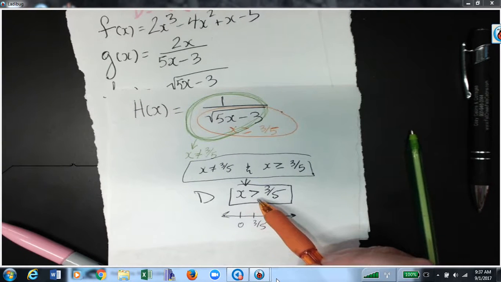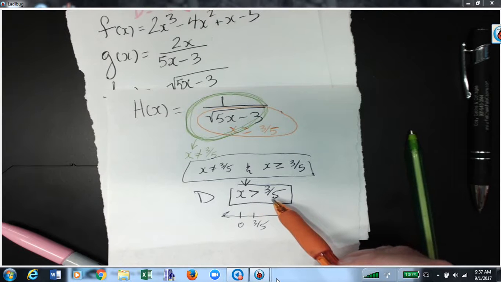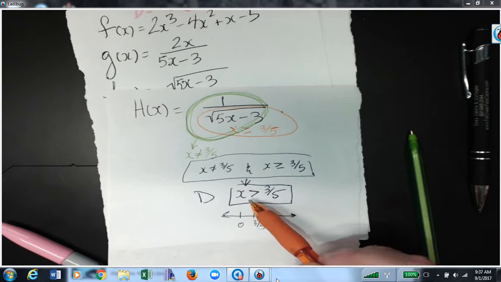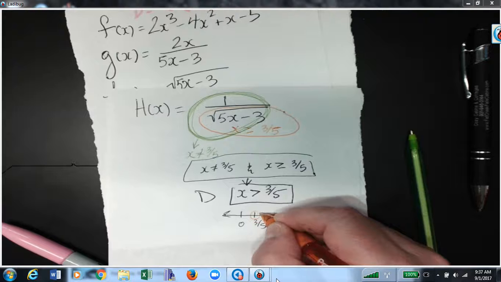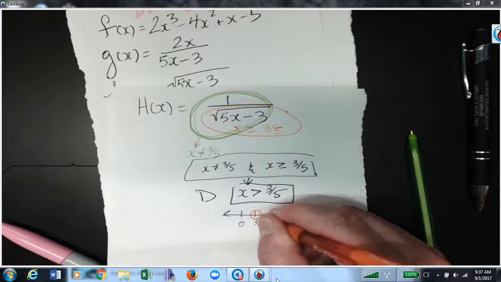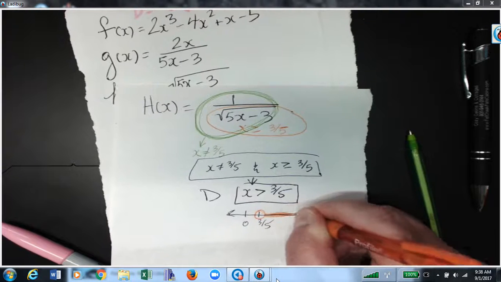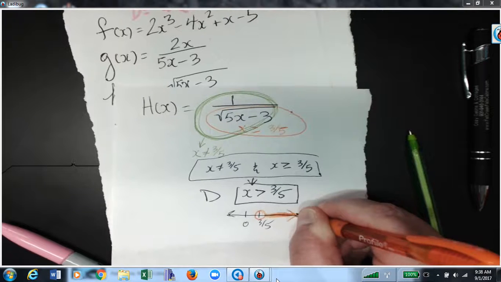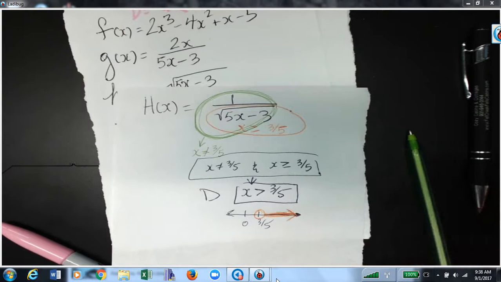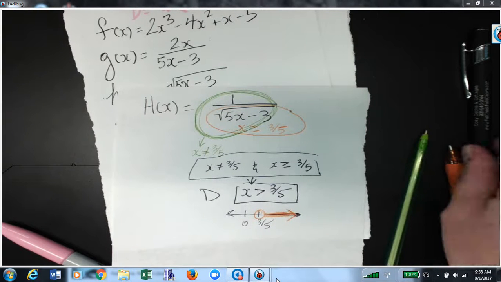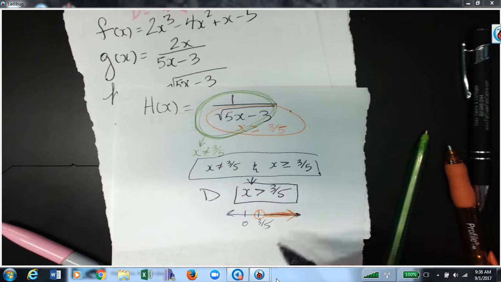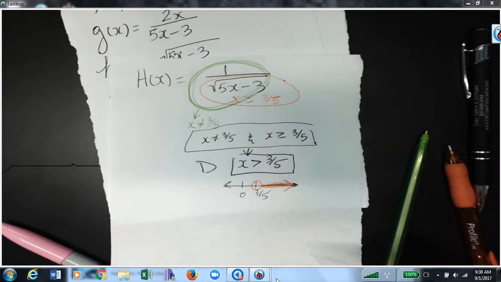And if I was drawing this on the number line, then I pointedly do not include 3/5 because it says here clearly X is strictly greater than 3/5. But then it can be anything else to the right of it. So if it's in the orange, it's good. And then in interval notation, I read it from left to right.